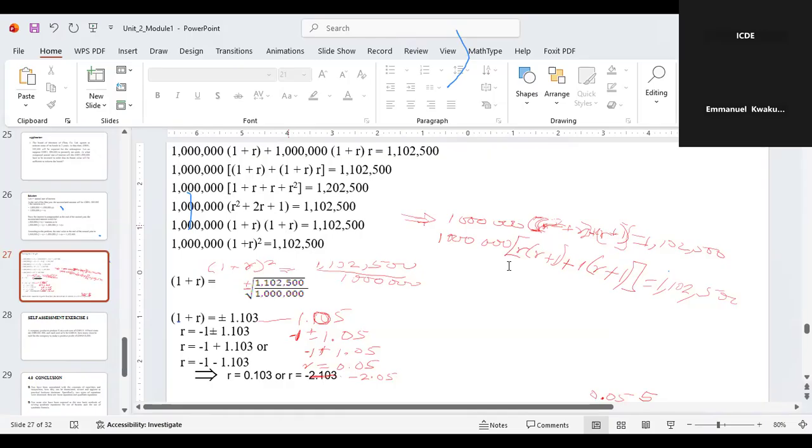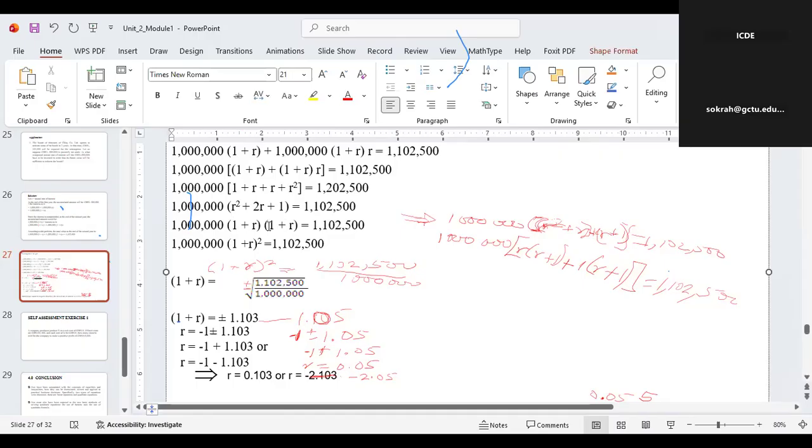All right. So now this is the result we have. But you see that it has become 1 plus r or r plus 1 times 1 plus r or r plus 1.